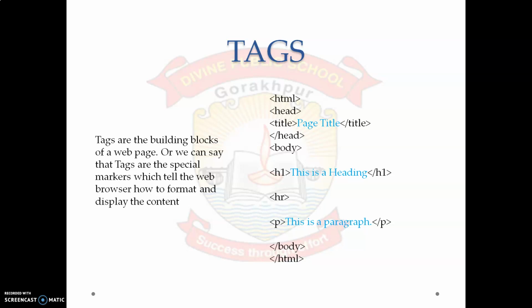HR is open but not closed because it is an empty tag. We describe it in the next slide. Okay. Next one is the P tag. This is the paragraph tag, and after that the P tag closes, and then the body tag closes, and last one, HTML is closed.